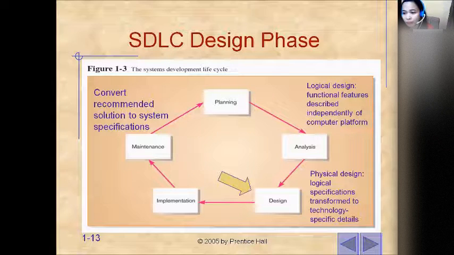For the logical design, we discuss the functional features described independently of computer platform. For the physical design, we discuss the logical specifications transformed to technology-specific details. What does it mean?